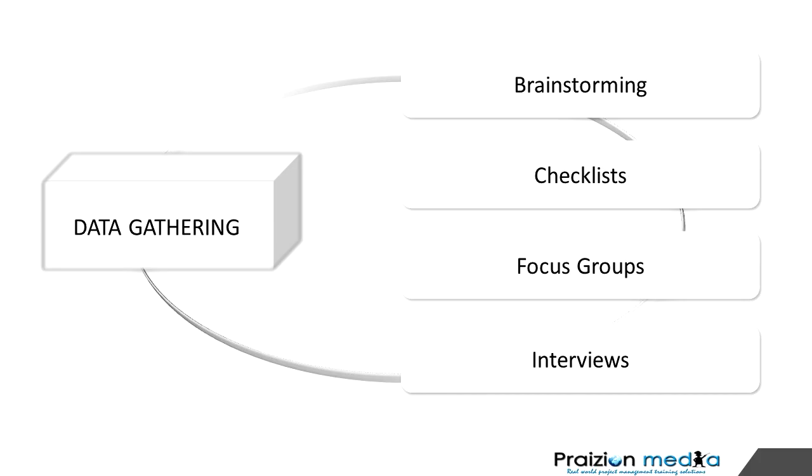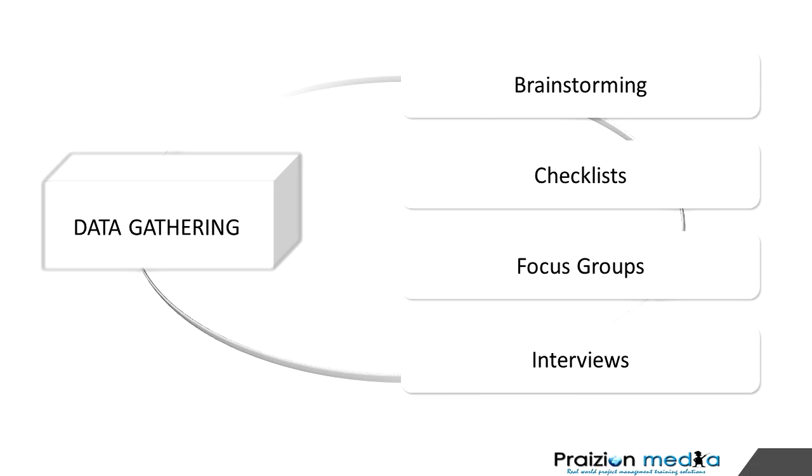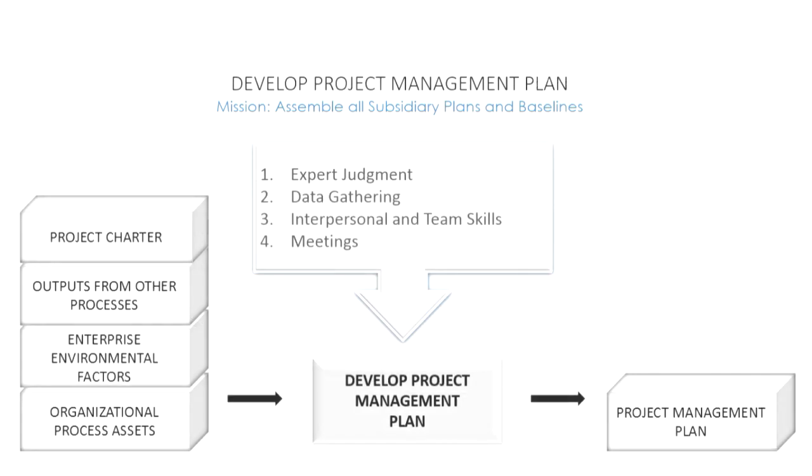Focus groups, we're bringing different people together to plan different things: time, cost, scope, risk, procurement, so on. And we also have, as a part of data gathering, interviews, because we could interview people to glean data that will make its way into the final project management plan. Okay. And the vehicle for these interactions, meetings.